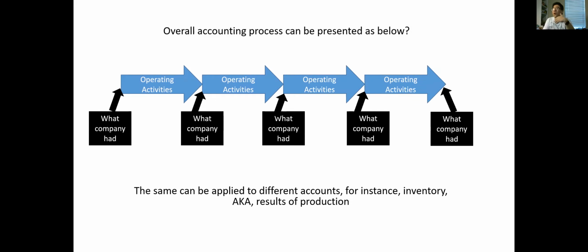This is true not only for the general accounting process, but also applies to different accounts. For example, inventory is the same, or we can also relate it to our daily life, our bank accounts. Probably today we don't have too much in our bank, but if we think about it, at the beginning of a certain month, we have some money in our bank account. Then you do something during the month.